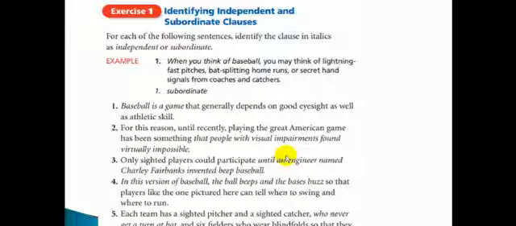Baseball is a game that generally depends on good eyesight as well as athletic skills. We need to know that the independent clause, or the normal sentence, must have one full meaning. Like, baseball is a game. Yes, baseball is a game. It's an independent clause.